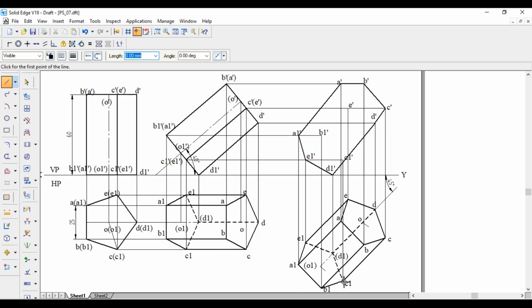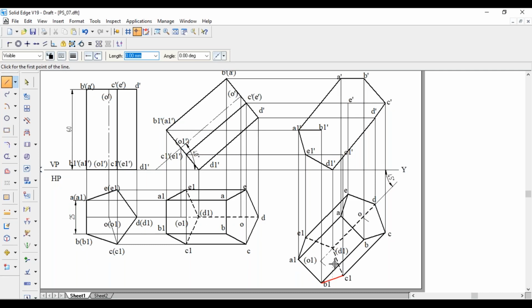Now A1 B1 is nearer to the observer, so A1 dash B1 dash is visible, continuous dark. Next B1 C1, this line, is also nearer to the observer, so it is visible. Whereas C1 D1, this line, is nearer to the observer, that is also visible, so that one also shows with continuous dark.